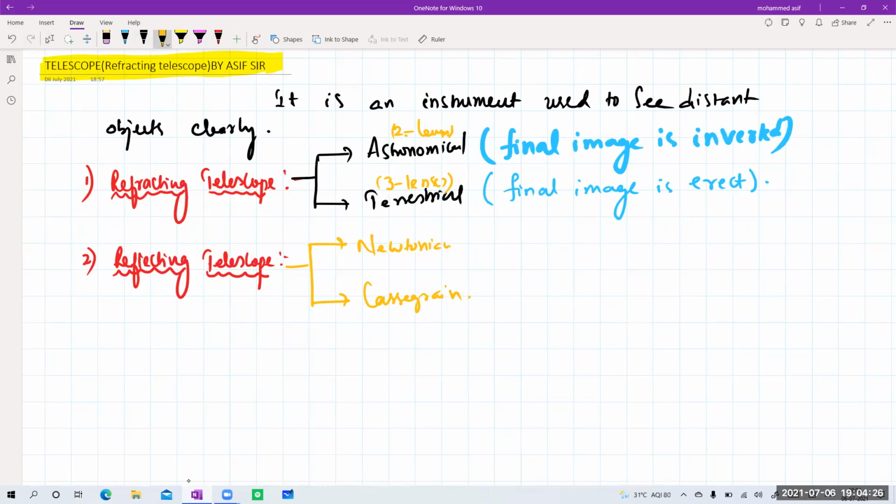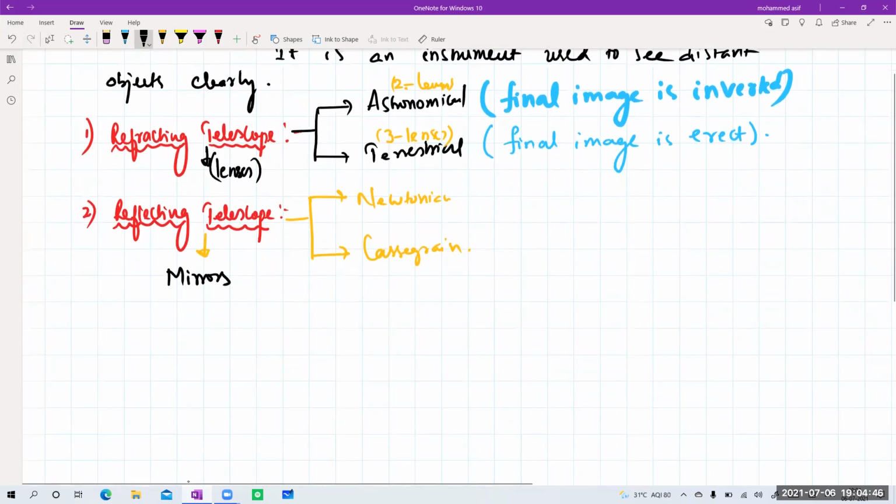Now, if I'm talking about Newtonian, reflecting telescopes, what will we be using? Reflection happens in mirrors, so it is a combination of mirrors. Refracting is a combination of lenses. In the refracting we use lenses, and in the reflecting telescopes we'll be using mirrors.